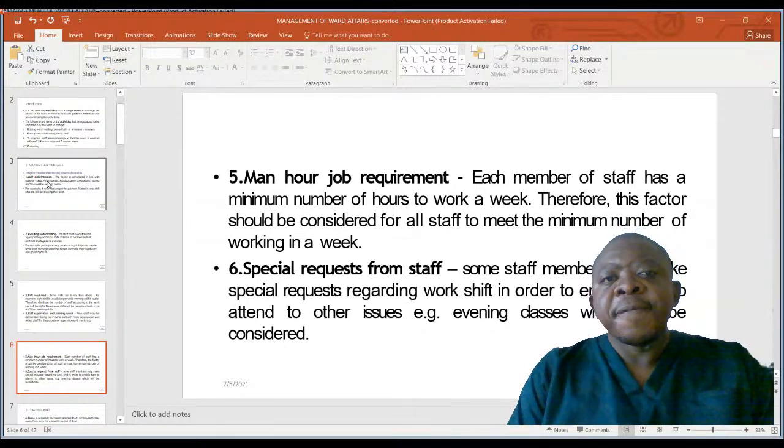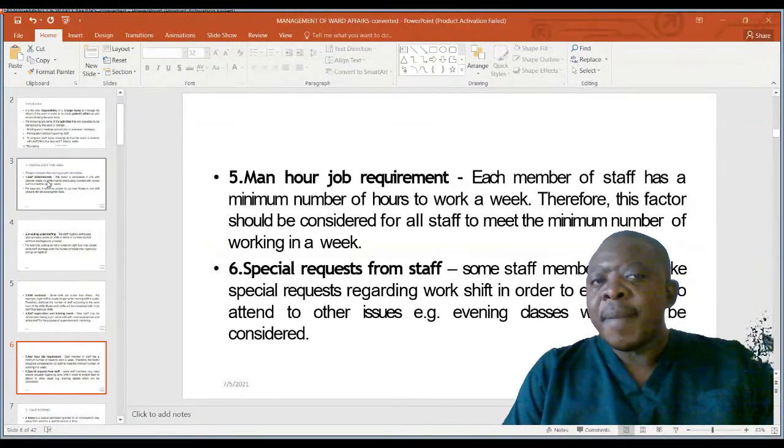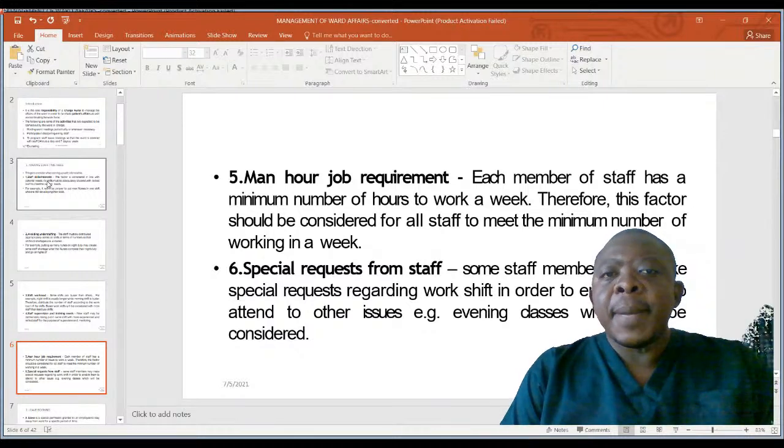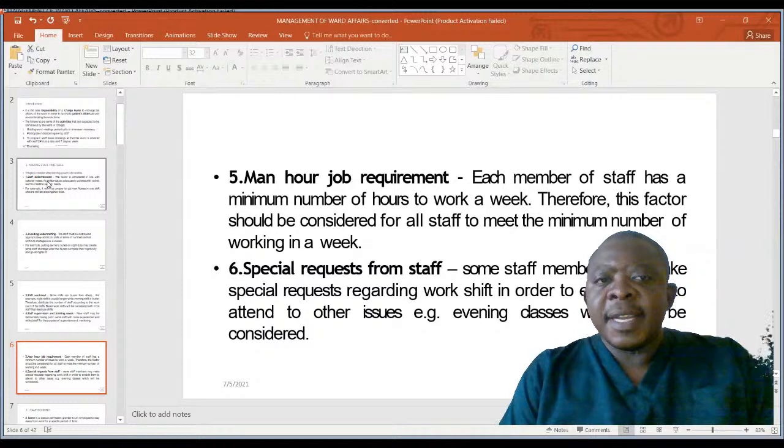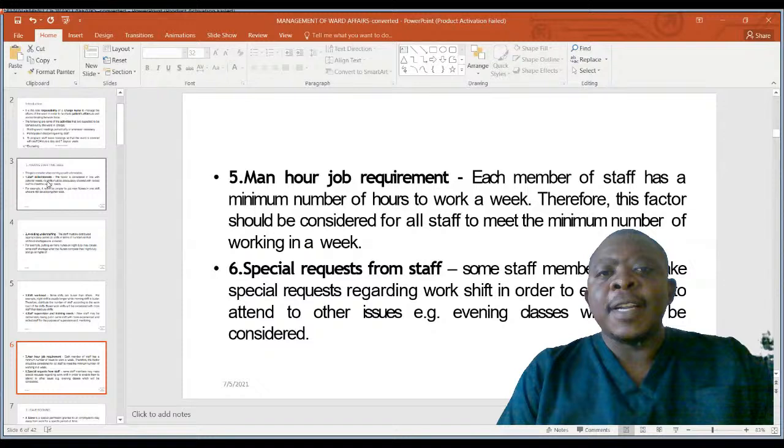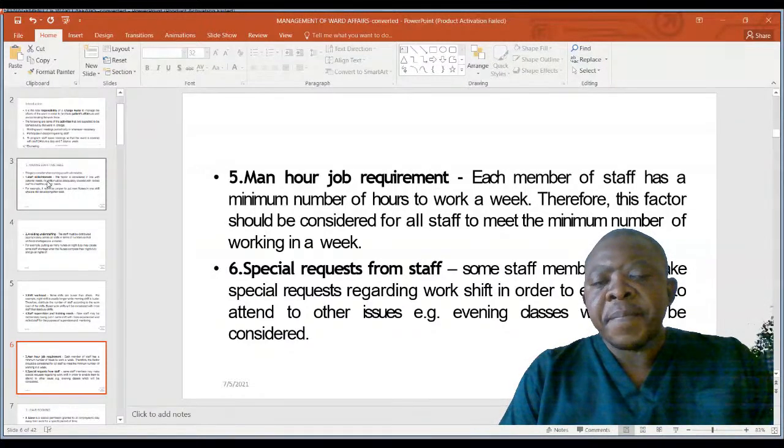Then the fifth factor to consider when coming up with a timetable is man-hour job requirements. Each member of staff has a minimum number of hours to work a week. Therefore, this factor should be considered for all staff to meet the minimum number of working hours in a week.